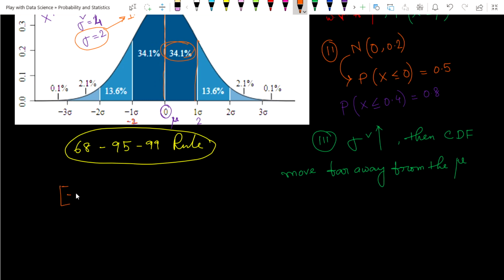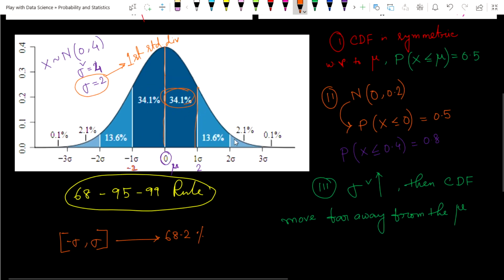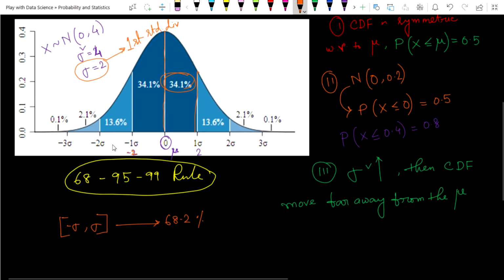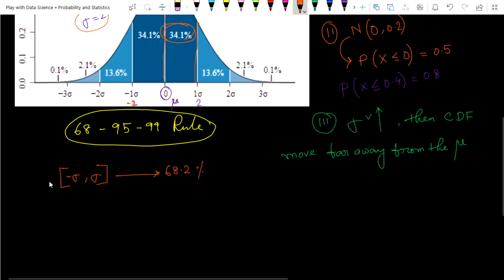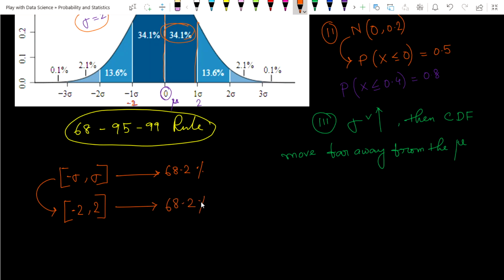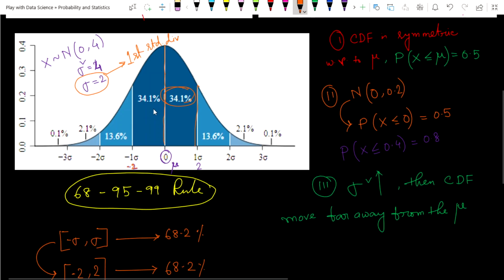So on the range from minus sigma to plus sigma, 68.2% of the data lies. In this example, from -2 to +2 on this distribution, we have 68.2% of the data. This is the first thing.